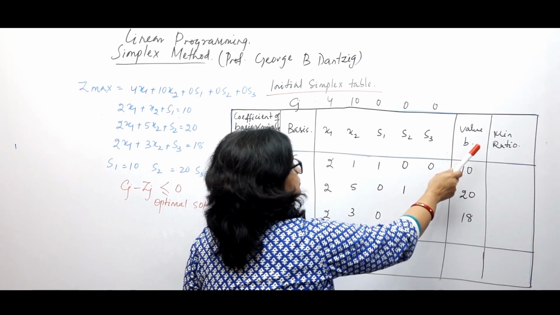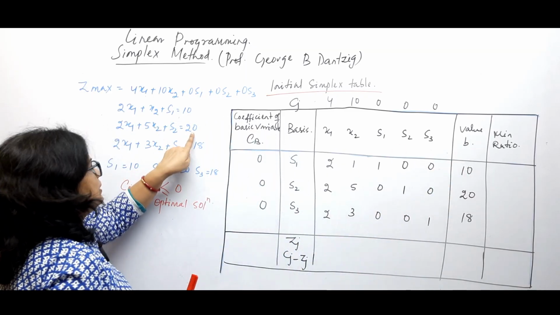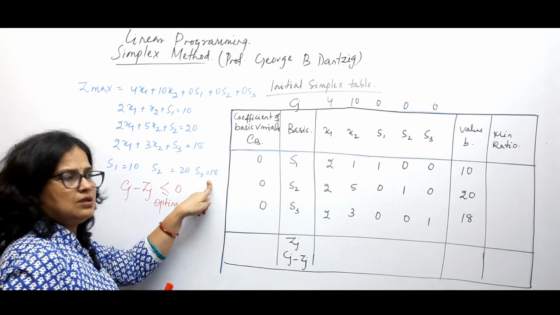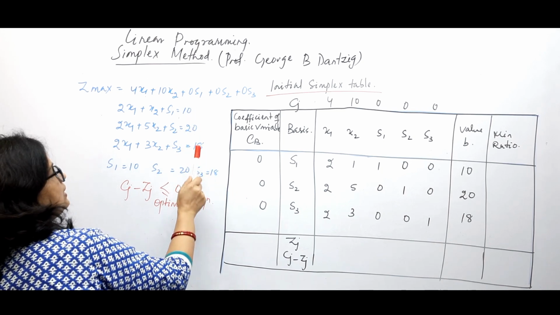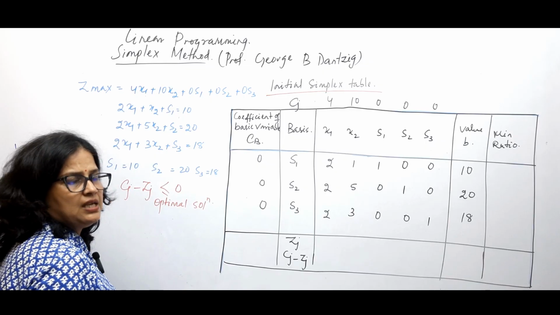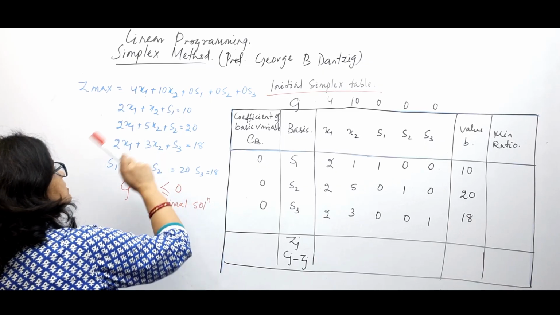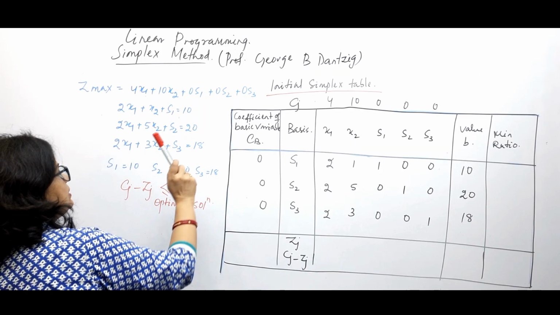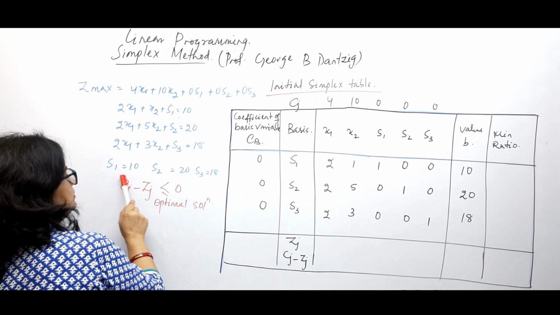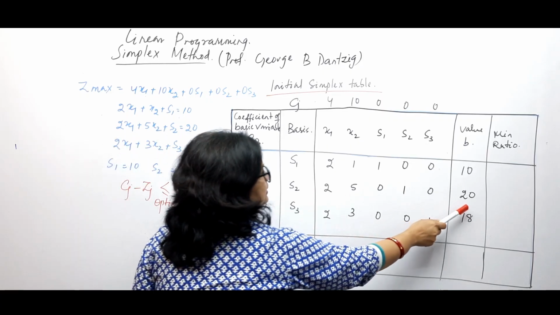Here is the value we got in our initial basic feasible solution, 10, 20 and 18. As we assumed x1 and x2 equal to 0, s1 equal to 10, s2 equal to 20, s3 equal to 18. That value I have written here.